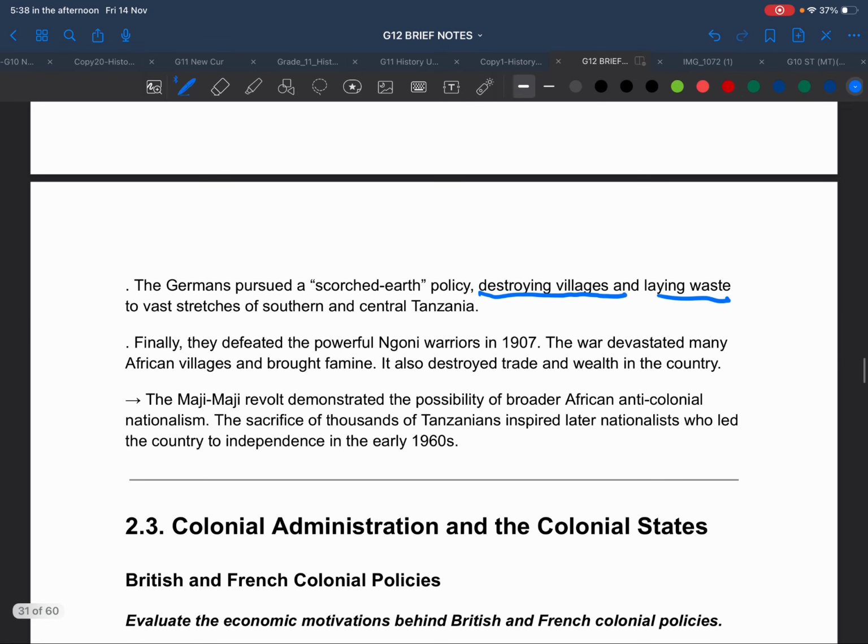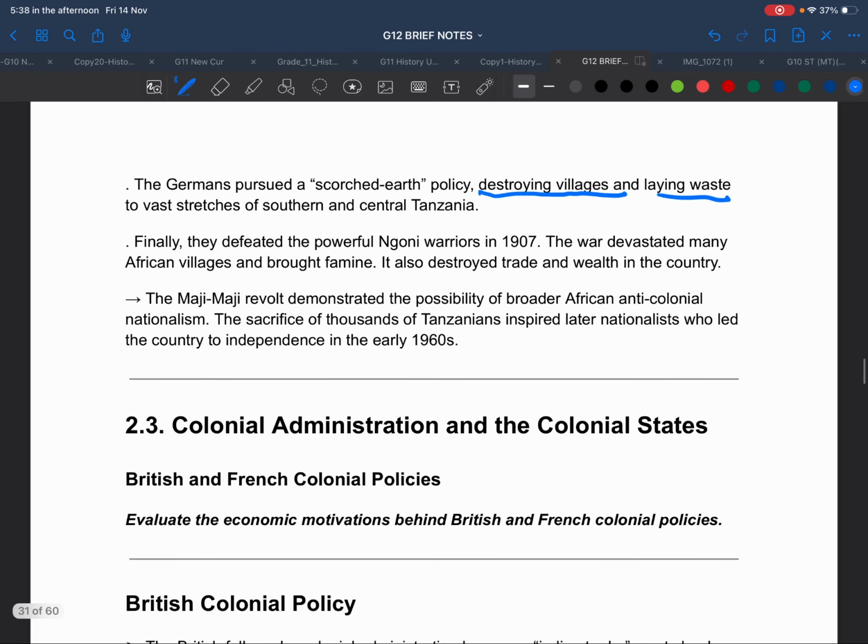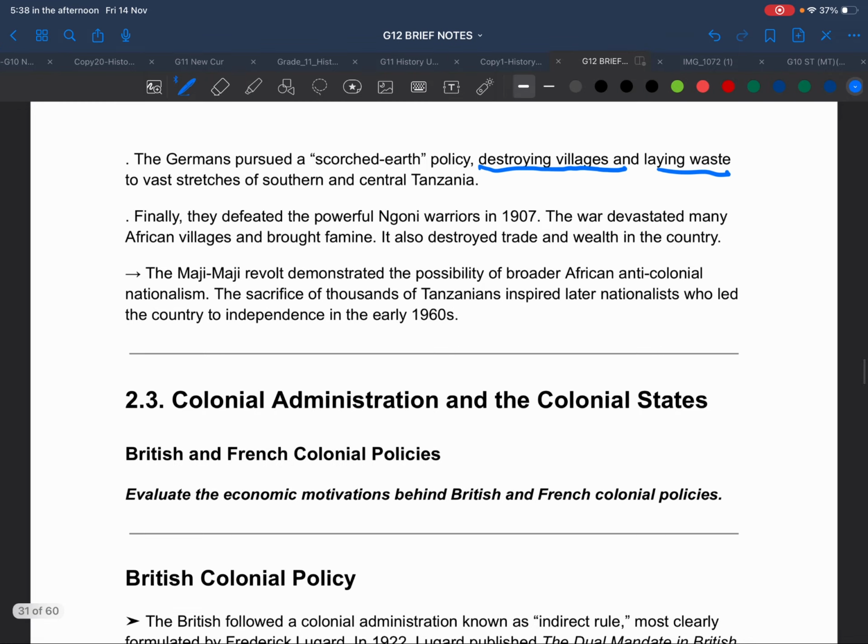Finally, they defeated the powerful Ngoni warriors in 1907, the Ngoni independence fighters. The war devastated many African villages and brought famine. It also destroyed trade and wealth in the country.